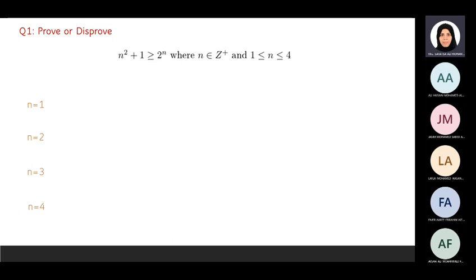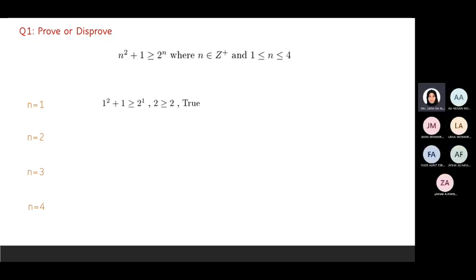So for n equal 1, I substitute, and I find that 2 is greater than or equal to 2. It's true. Do I have to stop? No, because this is not an existence statement. It is a universal one, meaning I have to check everyone, and it should be true for every element in the domain.